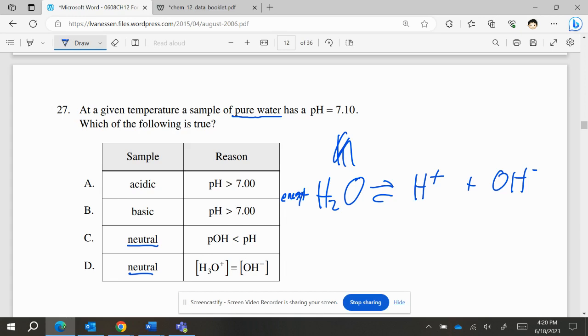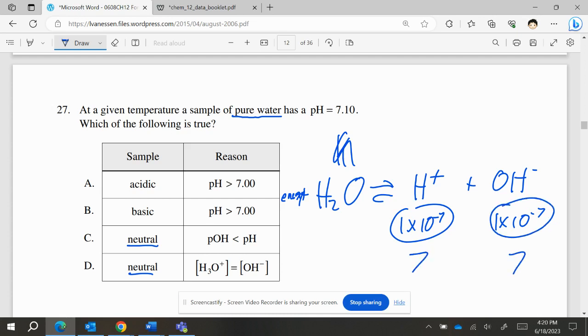So at 25 degrees Celsius, this concentration of H plus, or you could write H3O plus, is 1 times 10 to the minus 7. And this is also 1 times 10 to the minus 7. If you took the negative log of this number right here, it'll equal 7. If you took the negative log of this one right here, it'll also equal 7.